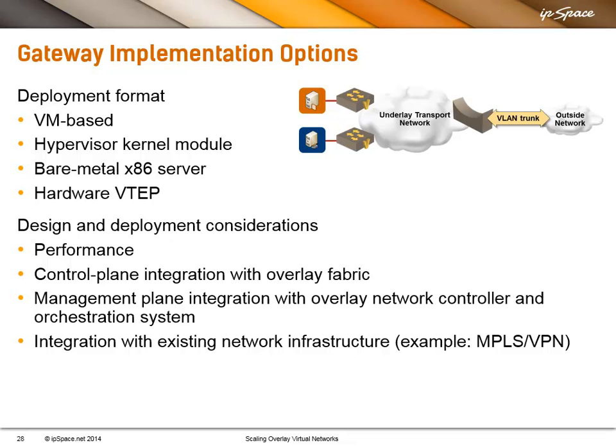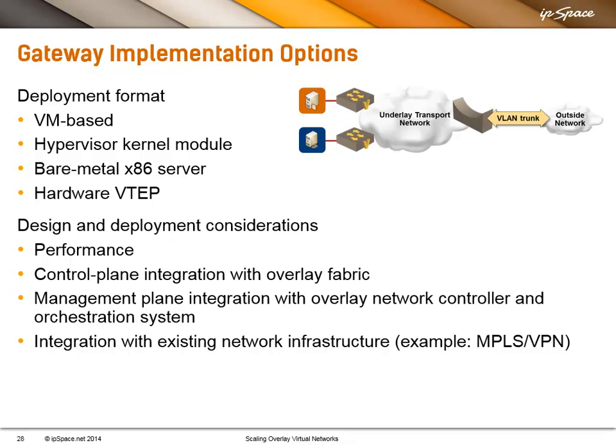It all starts with the performance question. How much bandwidth do you want to pass through that gateway? Second, you have to consider the integration with the control plane. How will you integrate your SDN controller with this gateway? Next, how will you integrate the cloud management system with this gateway?